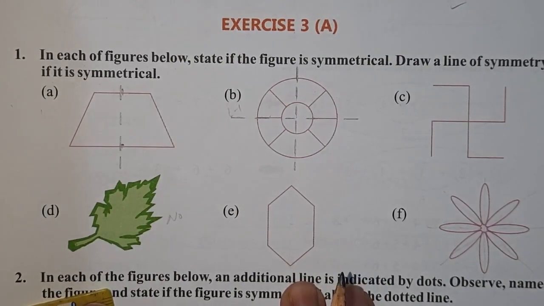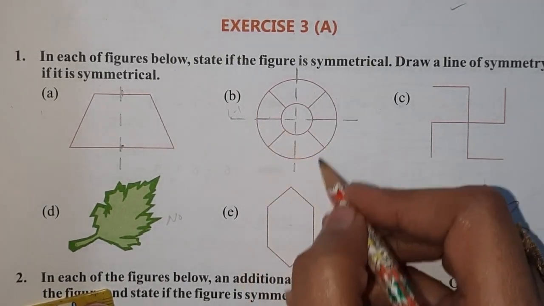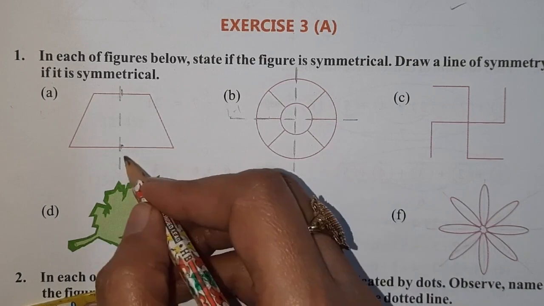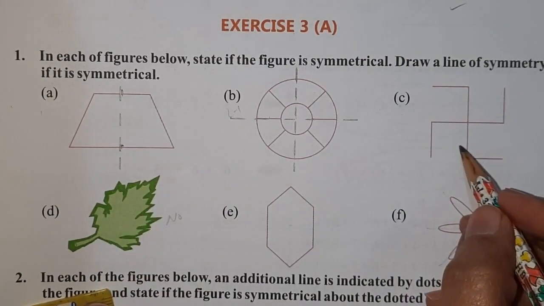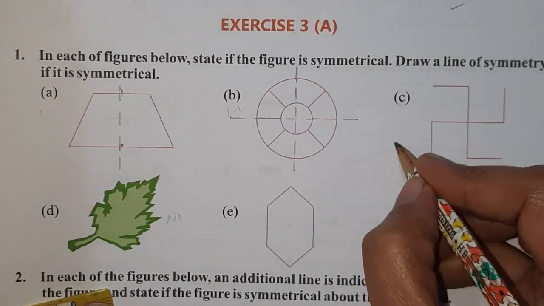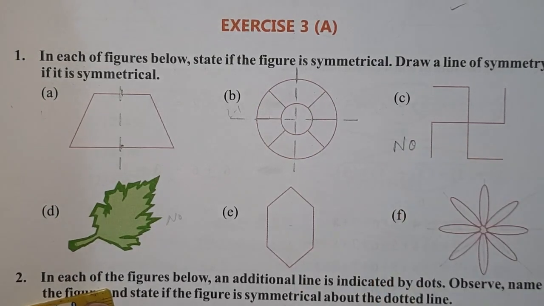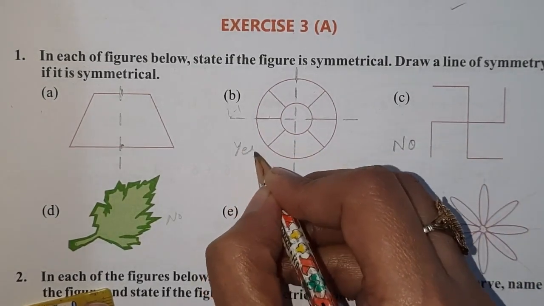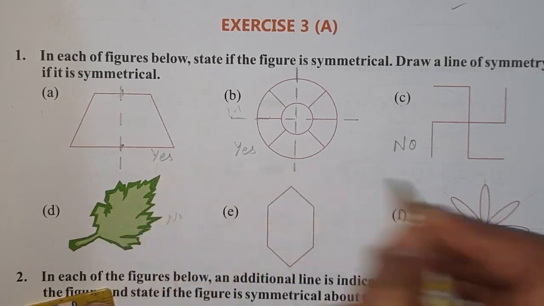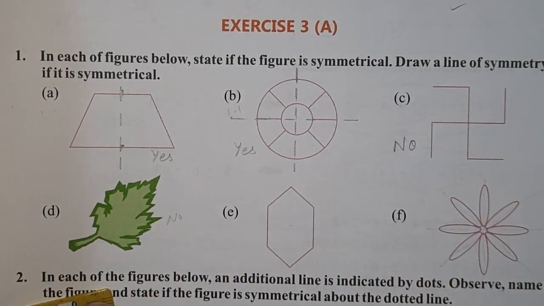Look here. So there are 2 lines of symmetry and here 1 line of symmetry. This figure has no line of symmetry. Is it symmetrical? Yes. Is it symmetrical? Yes. And this is not symmetrical.